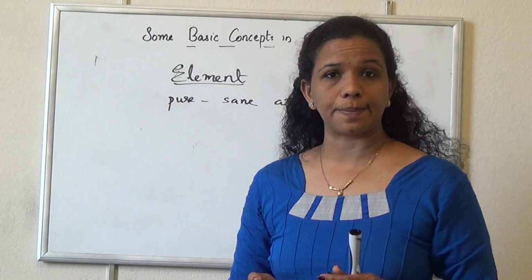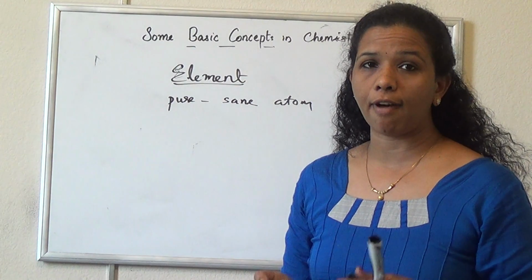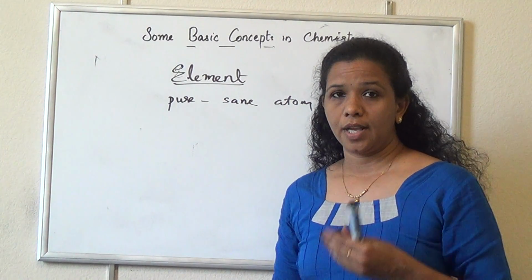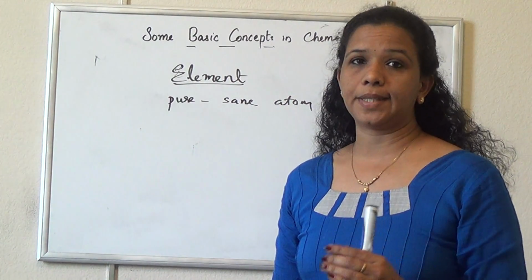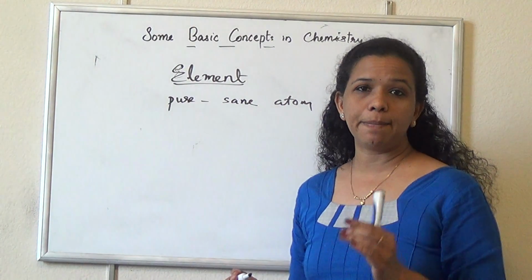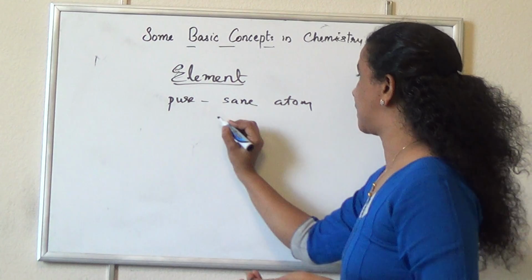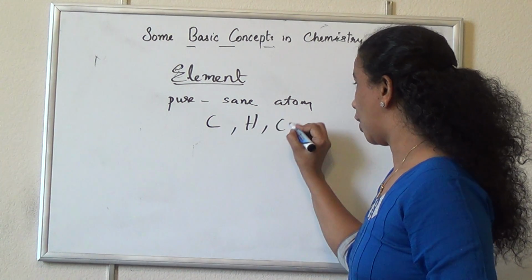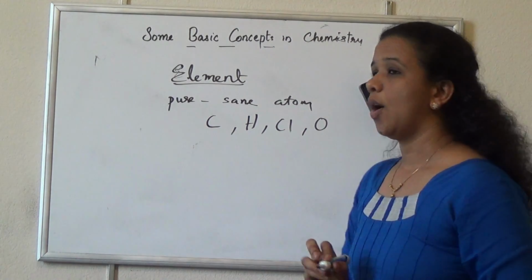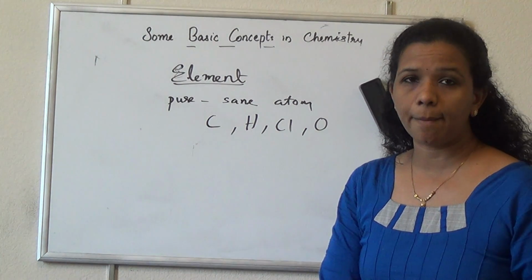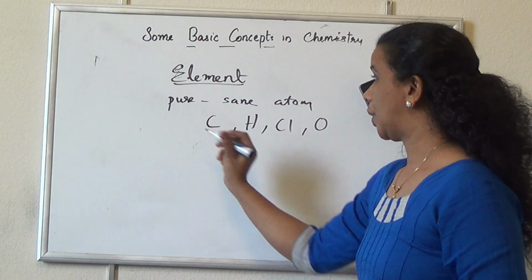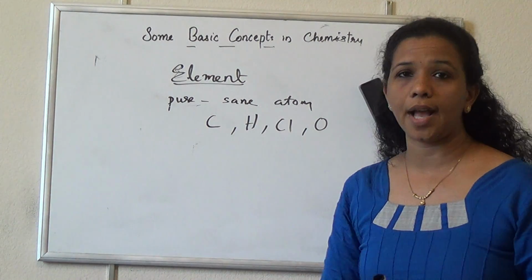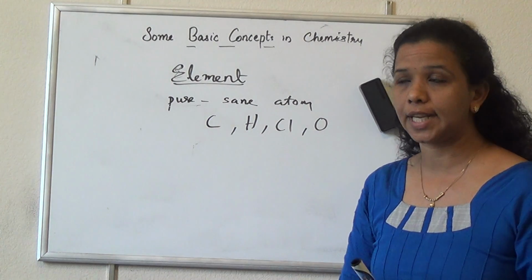It is a pure substance made up of identical atoms or the same kind of atoms. Examples, we know the examples: carbon, hydrogen, chlorine, oxygen. All these are examples of elements.